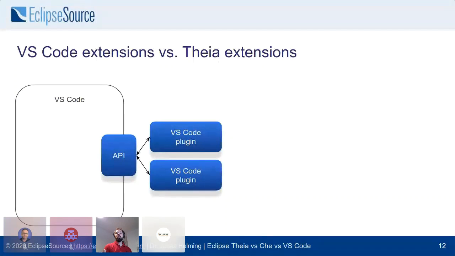Now, the only problem with this approach is it is actually focused on this extension use case. That means the tool is there, it's defined, and you want to add something. But you can only extend or add the things that are supported in this API. The advantage of this approach is obviously the API is reduced.